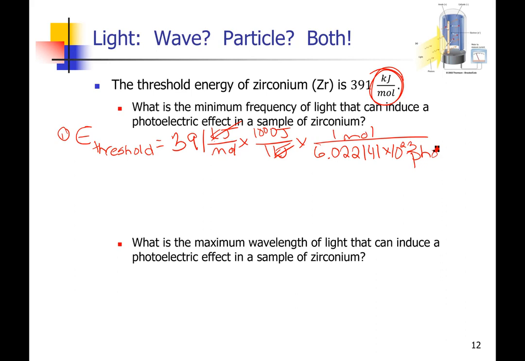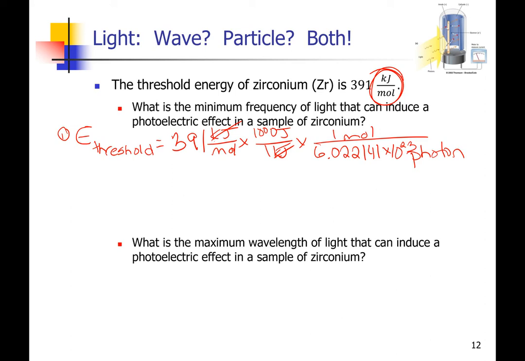There are Avogadro's number of atoms in a mole. There are Avogadro's number of molecules in a mole. There are Avogadro's number of photons in a mole. And if you really, really want there to be, there are Avogadro's number of chickens in a mole. It doesn't matter what we're talking about here. Whatever the subject is of interest, there's 6.022141 times 10 to the 23 of them in 1 mole.